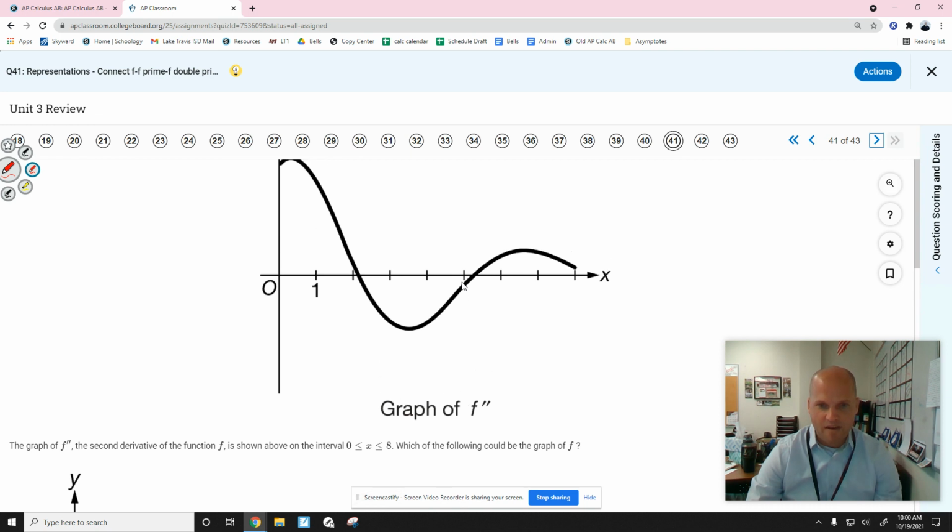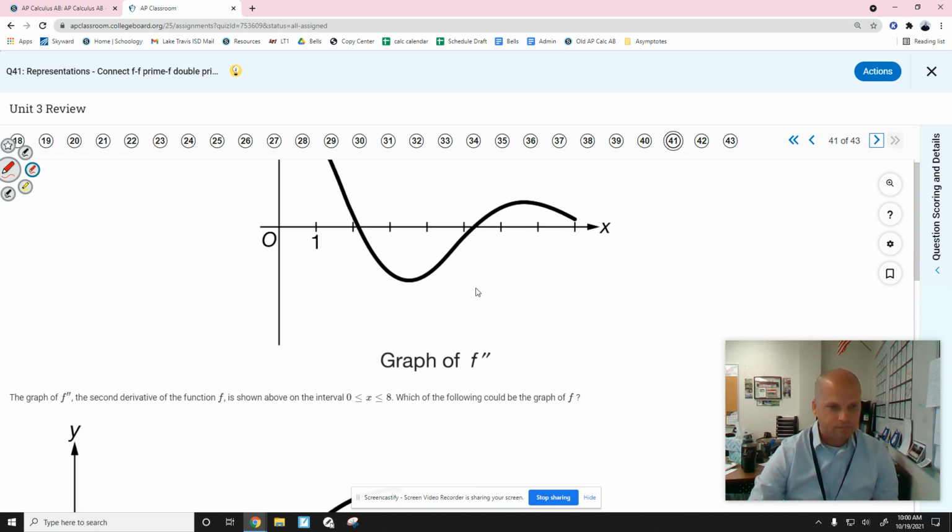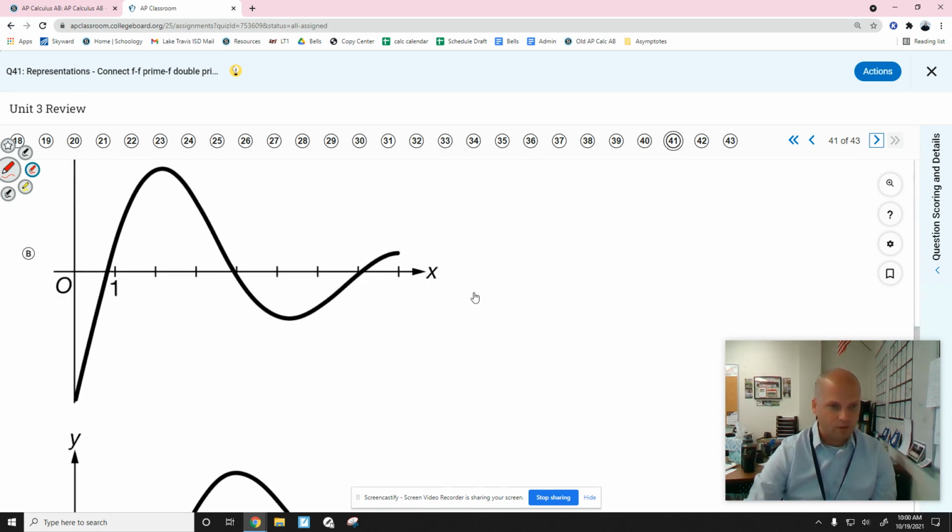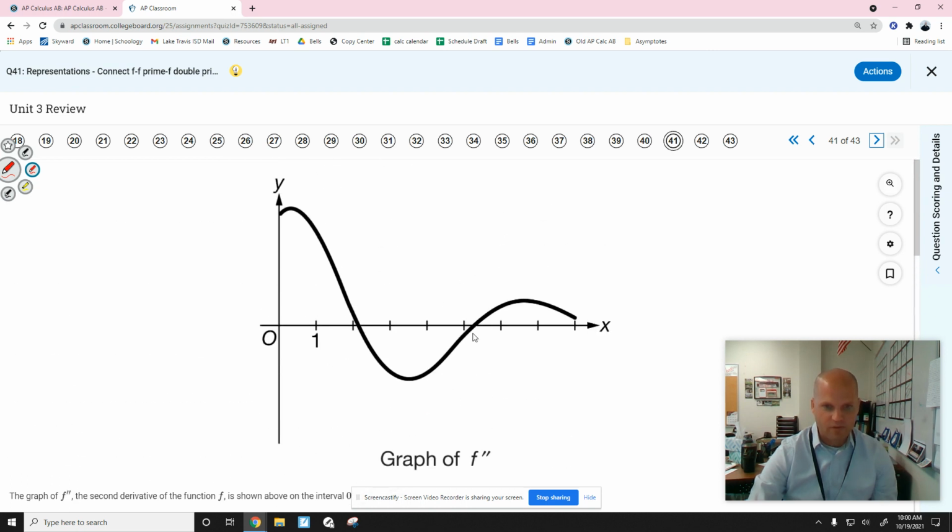Oh, this is the graph of f double prime. I love this question. Which could be the graph of f? One of these is the graph of f. Well, what information can I get from f double prime? I can get f double prime signs. Just look at the y's of f double prime. They're positive until around 2. They're negative until around 5.